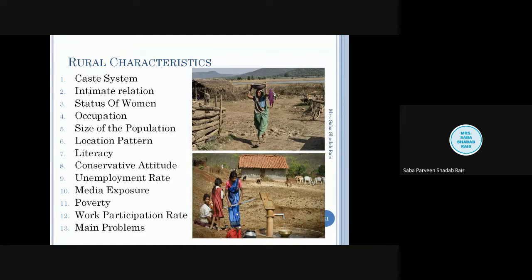Then there is a high incidence of poverty as compared to the urban area, because they depend totally on agricultural practices, and most of them do not have good infrastructure or good machinery for doing agriculture. They do it by the manual method only. They do not have good farm equipment either.